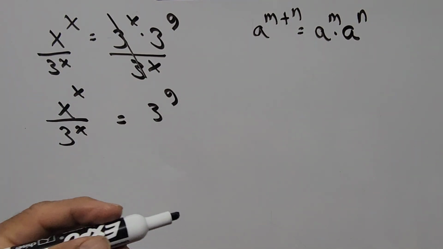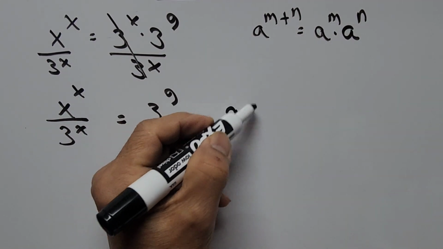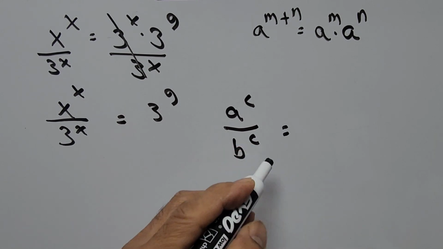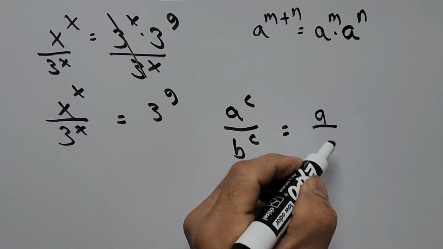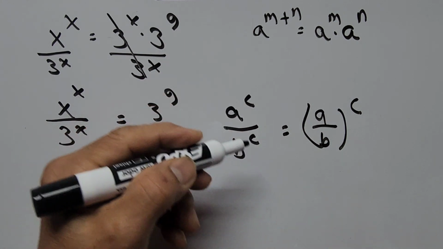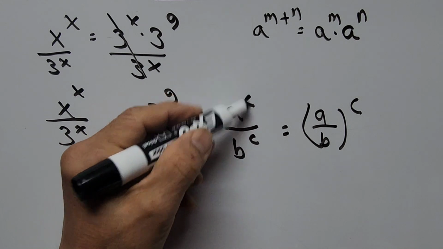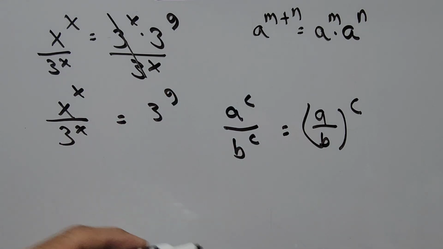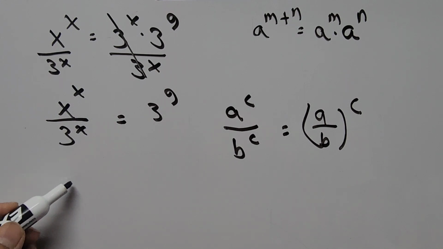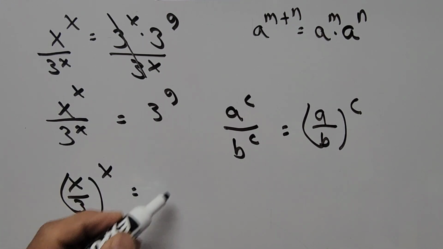From another exponent formula, a to the power of c divided by b to the power of c is written the same way as a divided by b to the power of c. We combine the numerator and the denominator because their exponents are common. So we will do that here. Now the left-hand side becomes x over 3 to the power of x.